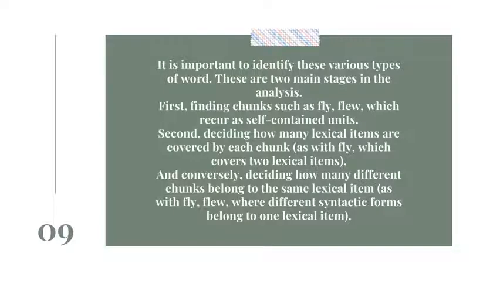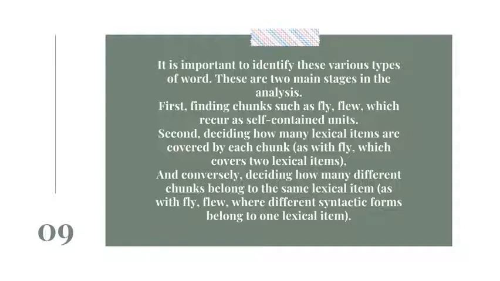How can we identify or consider that this chunk is a word? It is important to identify these various types of words. There are 2 main stages in the analysis. The first one is finding chunks such as fly, flow, which occur as self-contained units.